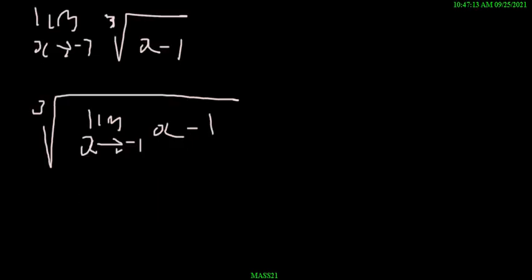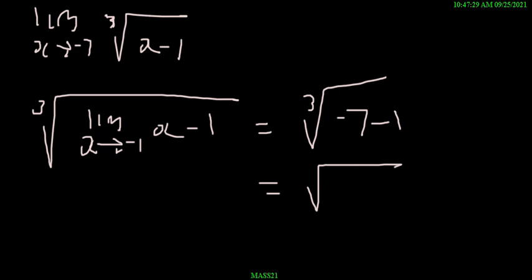Put -7 here, that's going to be -8, which is equal to -2.